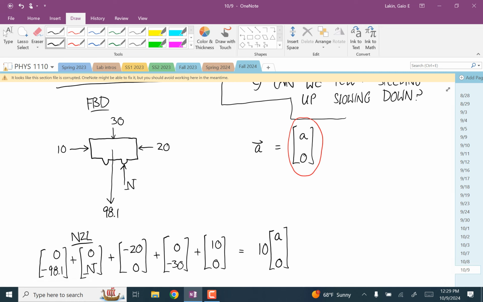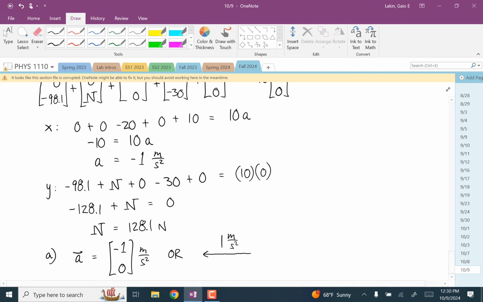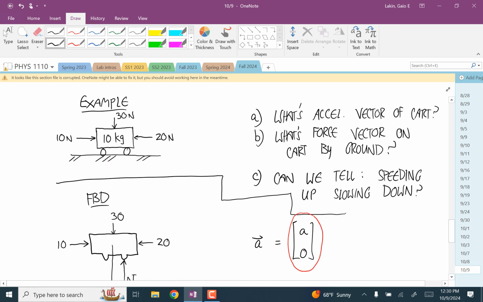So for part A, the acceleration vector is negative 1, 0. Or in other words, it's in the negative x direction with a magnitude of 1 meter per second squared. So just like our intuition told us, this thing is going to be accelerating to the left because that's where the bigger force is pushing.